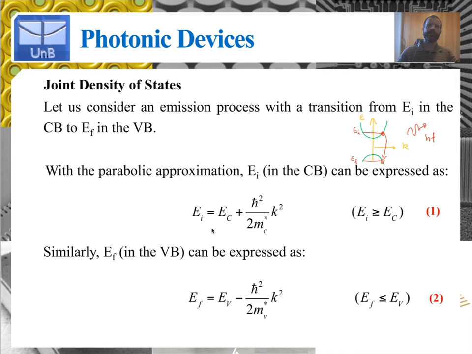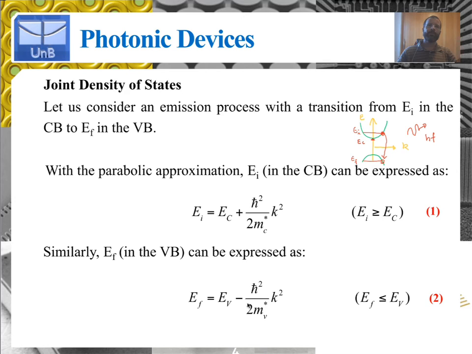So the energies in the conduction band can be described by this parabola equation, where the energy is equal to the band edge energy EC, plus h bar squared over 2 times the effective mass of the electron, all times k squared, the magnitude of the wave vector squared.